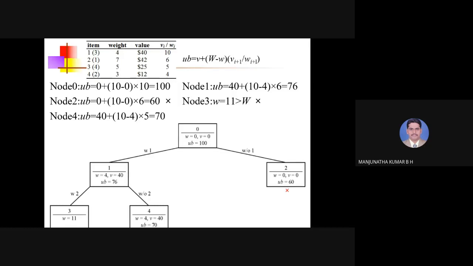That is the third item now, because this calculation is for without 2. So the next choice is the third item. Hence 10 minus 4 into 5. The third item's profit weight ratio is 5. So 10 minus 4 into 5. What is the value of this formula? It is 70. So 70 will be the upper bound value of node 4.